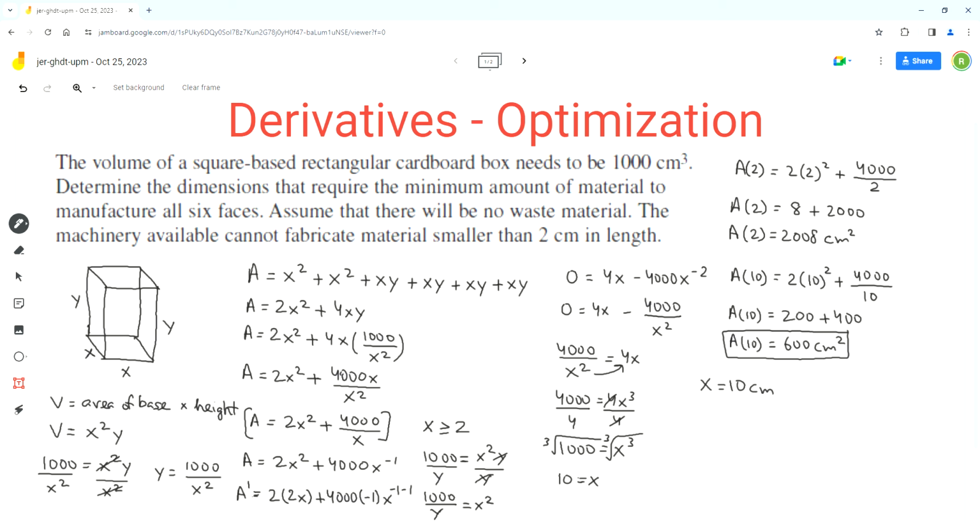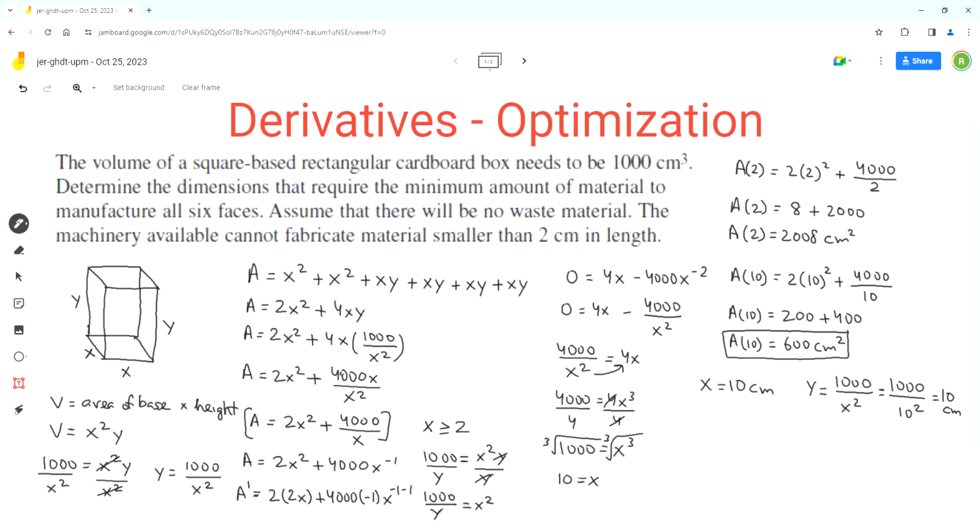Now since we have to find the dimensions, we should find the value of y as well, and we know y equals 1000 over x squared. That's the equation for y we got from the volume. So 1000 over 10 squared, which is equal to 10, and the unit will be centimeters.